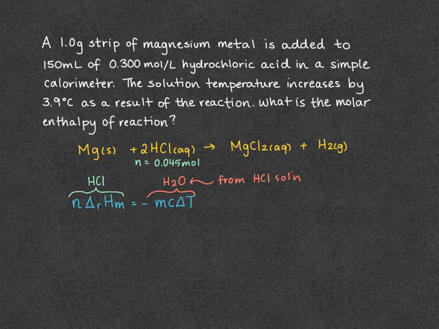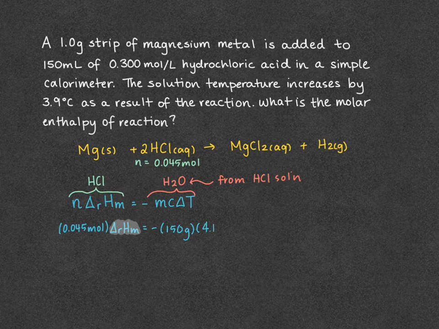We know the number of moles, we found that last time, so we can plug in our numbers. We have 0.045 moles of HCl, and we're solving for the molar enthalpy. The mass of water is the same as the mass of the HCl solution, so 150 grams of water, because we have 150 milliliters.